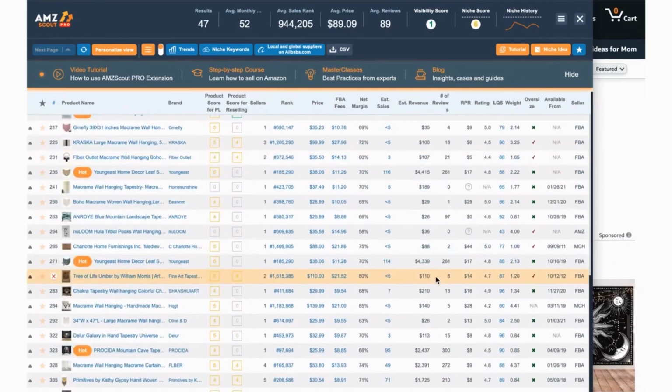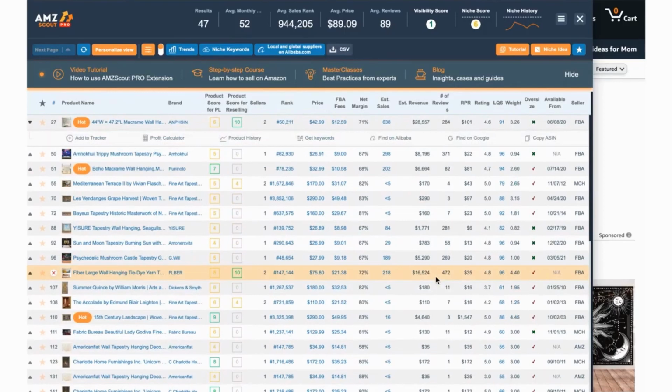And see if there is potential for you to sell this specific item and see success by clicking on this arrow button, reviewing the profit calculator, product history, and getting the keywords to do actual keyword research on Amazon. So one thing just to note is that for this specific item that is at the top, it's generating about $28,000 of sales on a monthly basis.